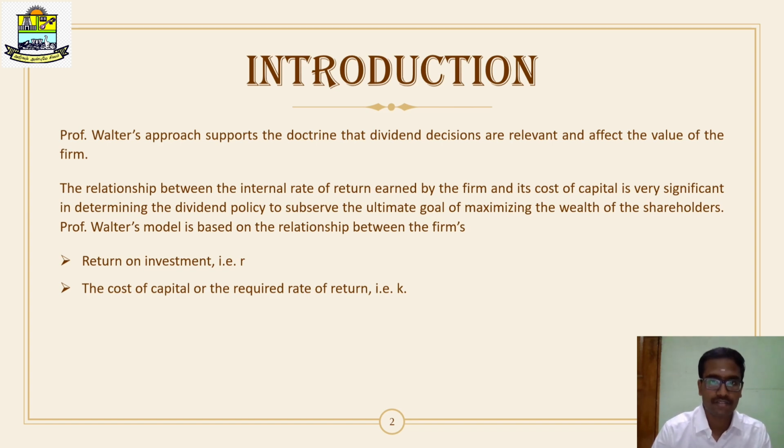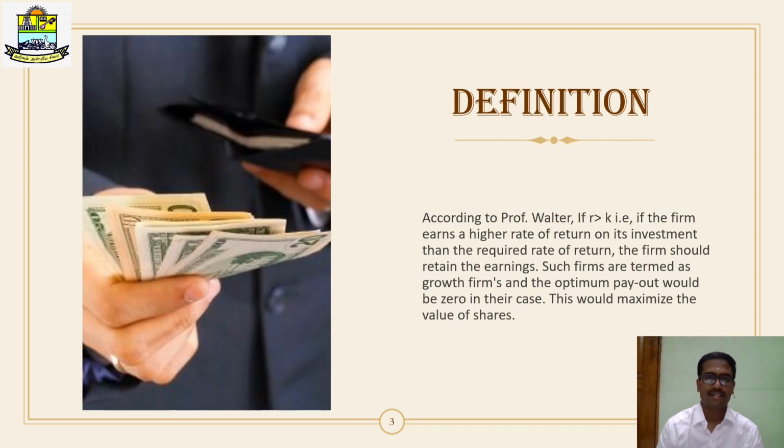Let's get into the definition. According to Professor Walter, if return is more than the cost of capital, that is, if the firm earns a higher rate of return on its investment than the required rate of return, the firm should retain the earnings.